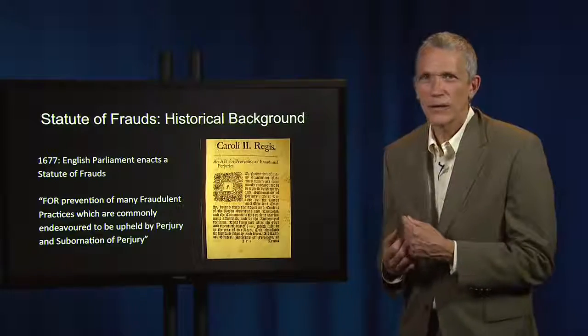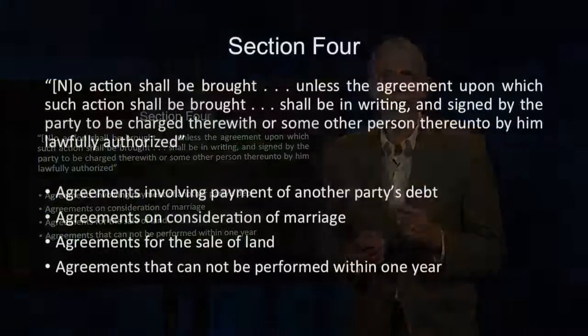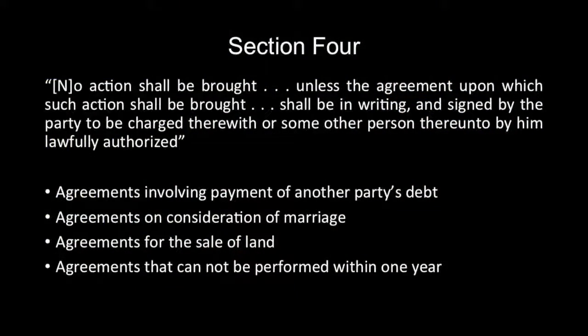Section 4 of the Act required that no action shall be brought unless the agreement upon which such action shall be brought shall be in writing and signed by the parties to be charged therewith or some other person thereunto by him lawfully authorized.